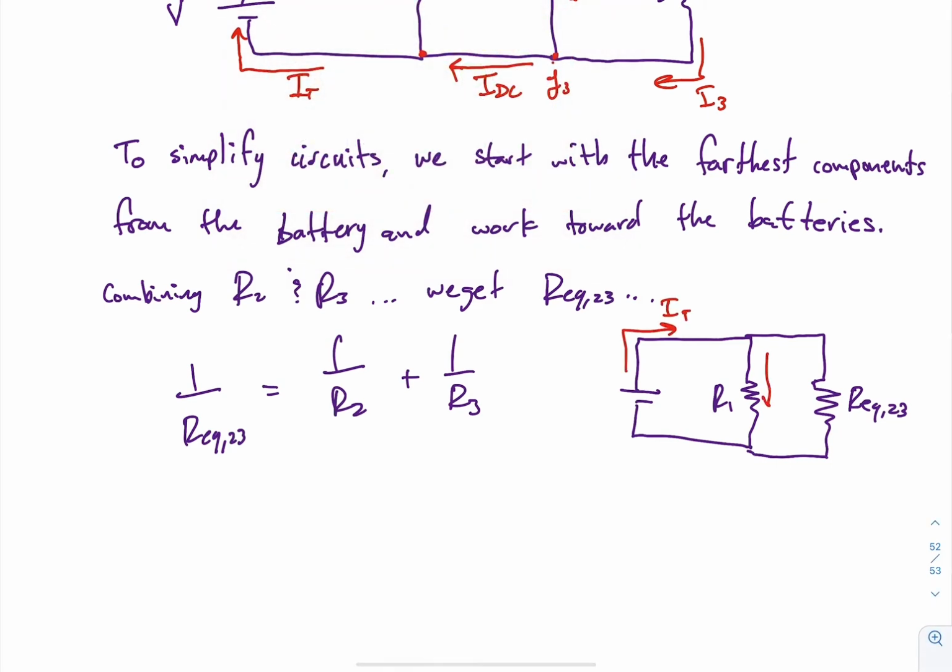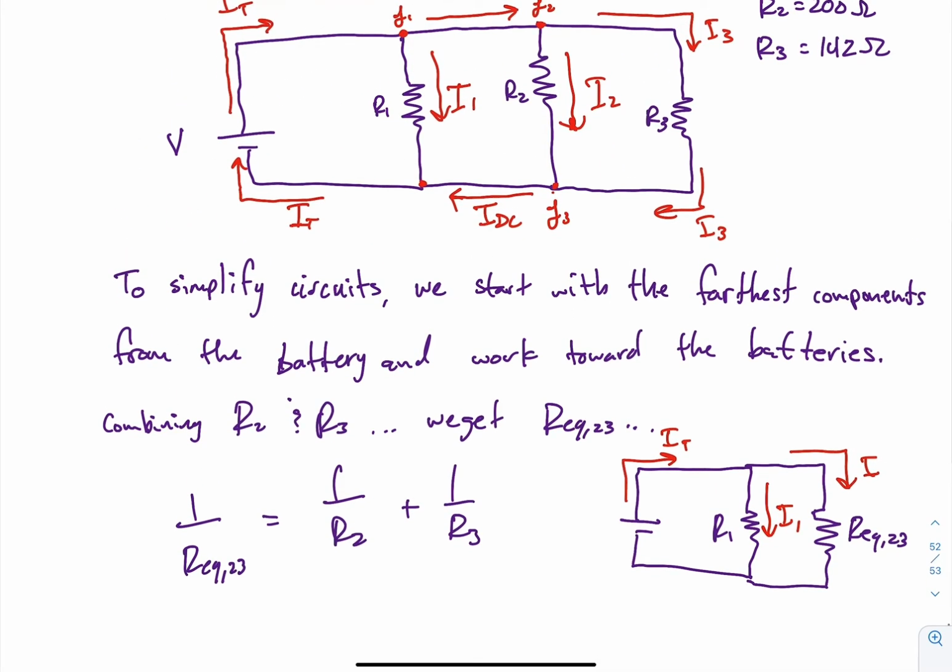Now we have I1, and this new current, maybe we could call it, that's really going to be I2 and I3 before they split, in a sense. So I'm going to call it IC, for combined.